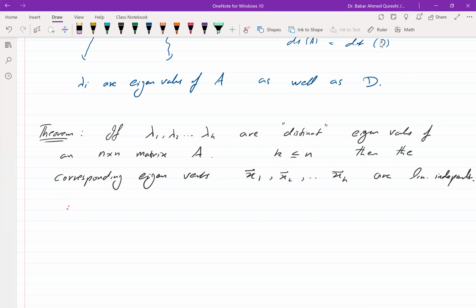So first of all, let me explain what it's saying. It's saying that I have these equations, with eigenvectors up to xk, and I know that none of these eigenvalues are equal to each other. None of them are equal.